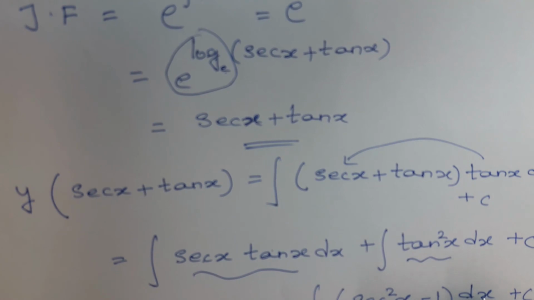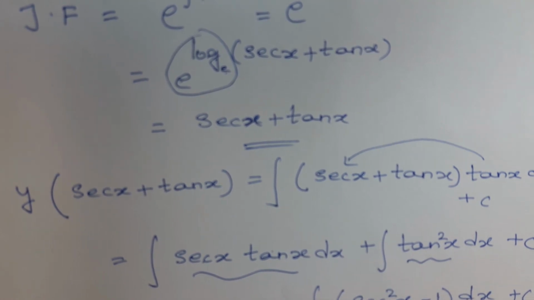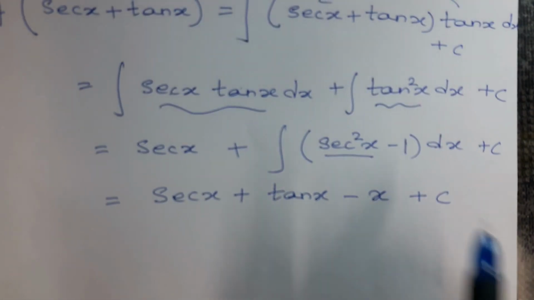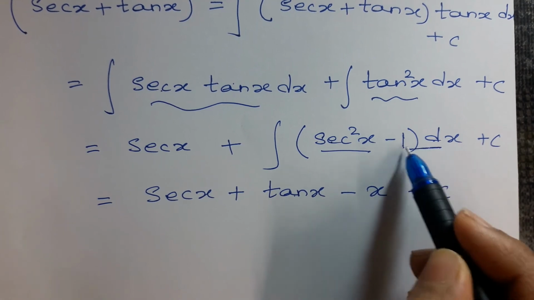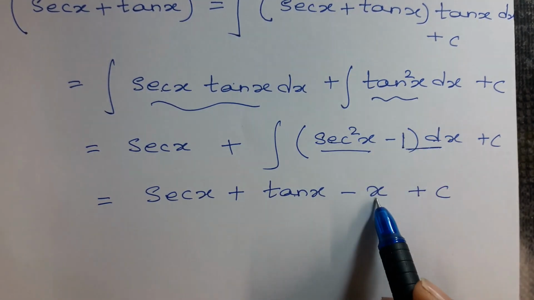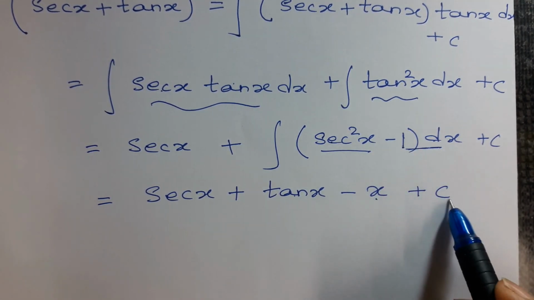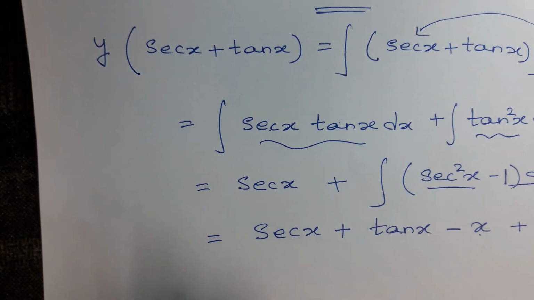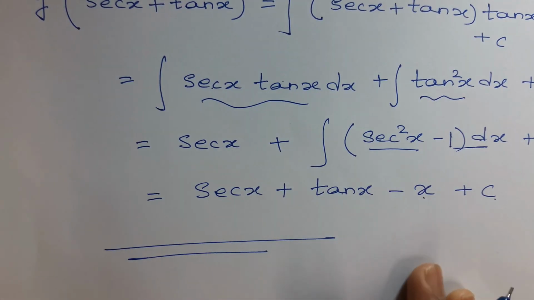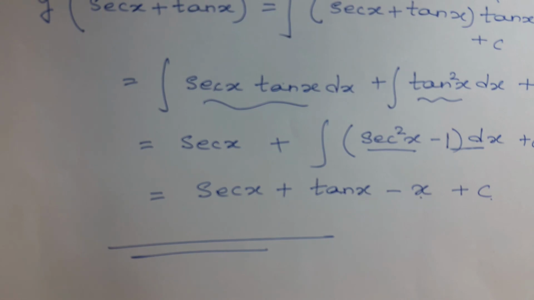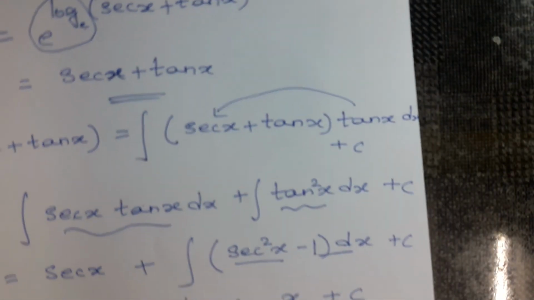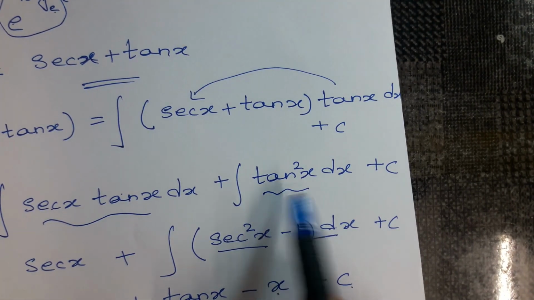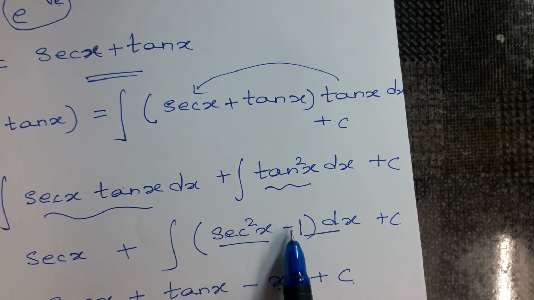Integration of 1 with respect to x is x, plus a constant of integration. So this will be the general solution of the given differential equation. Okay, have you followed this? I'll repeat this. I have replaced tan square x as secant square x minus 1.